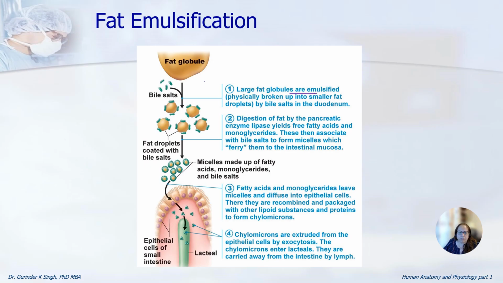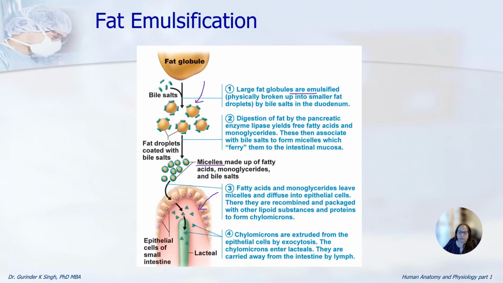So the bile salts bind to these small fat droplets, and then the pancreatic enzymes can work on them, and they can make free fatty acids and the monoglycerides, which is a glyceride molecule attached to one fatty acid. Then they also bind to more bile salts, and they form what we call micelles. These micelles can be absorbed inside the intestinal mucosa.